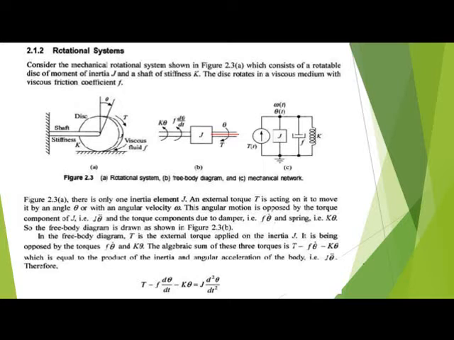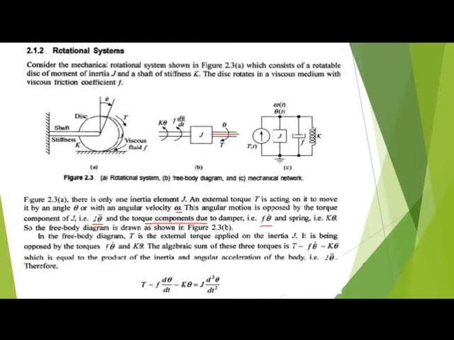Okay. This 2.3 is given with only one inertia element. An external torque acting moves it by angle theta with angular velocity omega. This angular motion is opposed by torque components: one is J into d square theta by dt square, another is the torque component due to the damper, and another due to the spring.